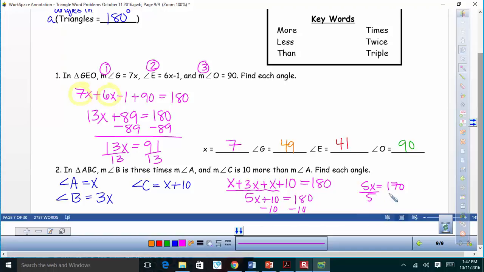We divide by 5. And x equals 34. So that means angle A is 34. To find B, we would plug in 3 times 34 is what? 102. And then again, we'd plug in for C. So 34 plus 10 is 44.